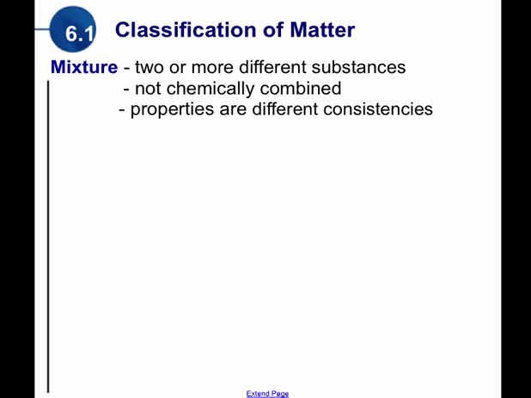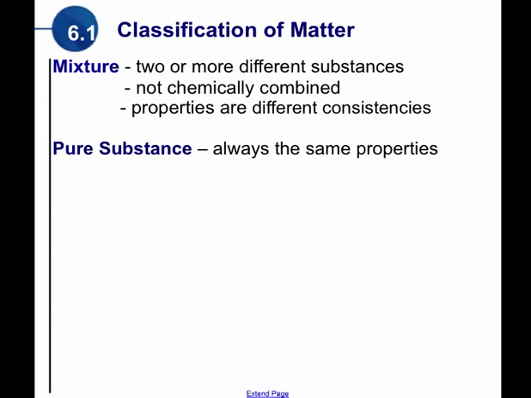Now, mixture is one type of substance, but where we often want to look at is not a mixture, but a pure substance, something that always has the same properties. And when we have a pure substance, they have the same properties, and all of the particles are also the same. So everything in this substance is identical.